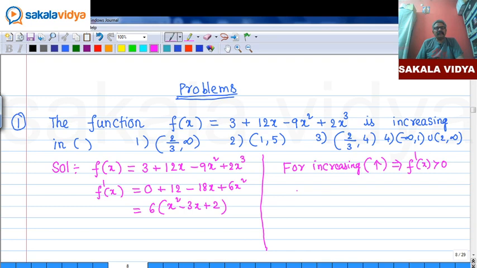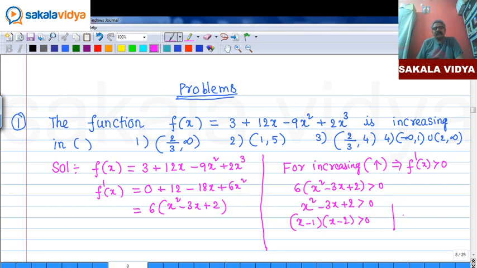So, that means actually here 6 multiplied by x square minus 3x plus 2 is greater than 0. 6 is positive, x square minus 3x plus 2 greater than 0. Already in quadratic inequations we have studied. So, the factors of x square minus 3x plus 2 is x minus 1 into x minus 2 greater than 0.